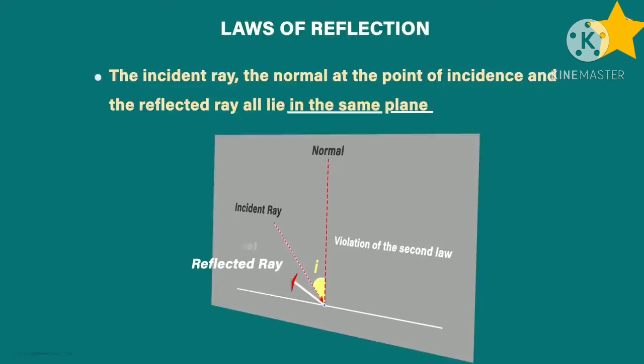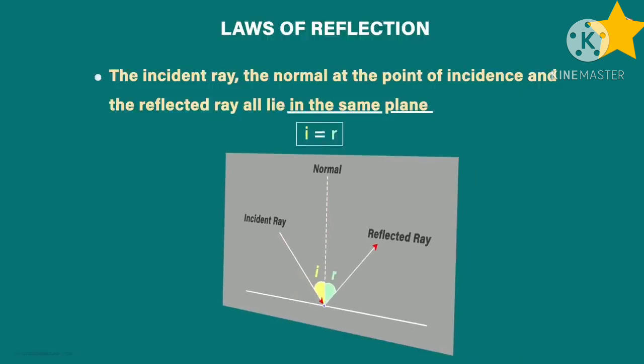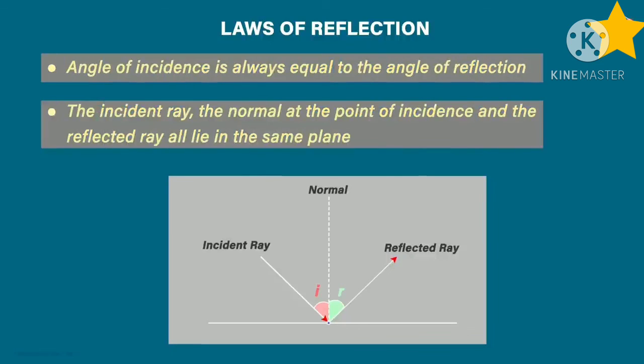The reflected ray always has this direction only. We know i equals r. I hope you understand the laws of reflection: the angle of incidence is always equal to the angle of reflection, and the incident ray, normal, and reflected ray lie in the same plane.